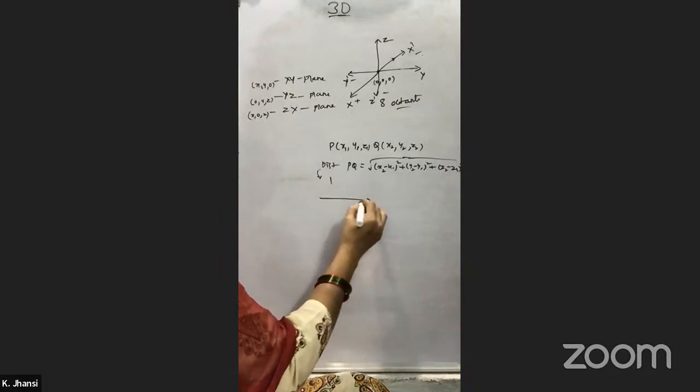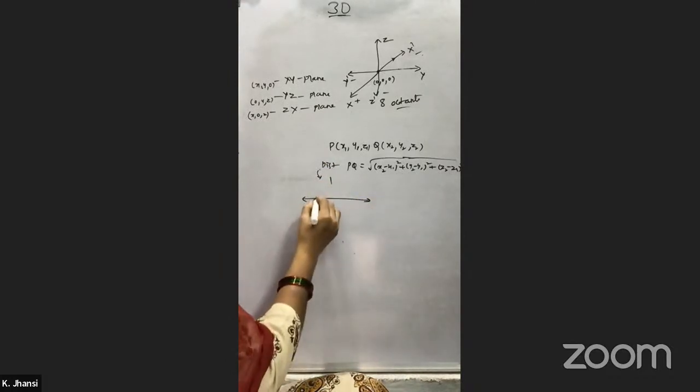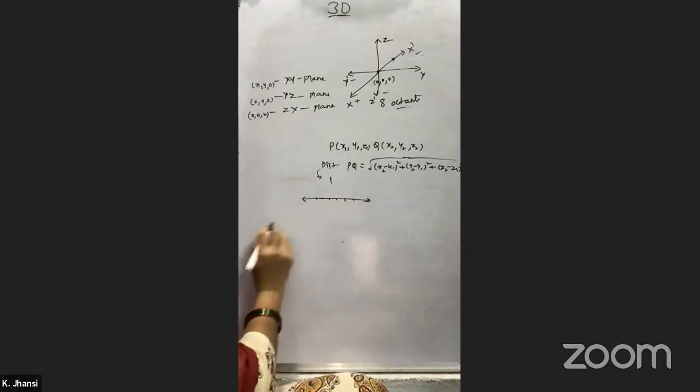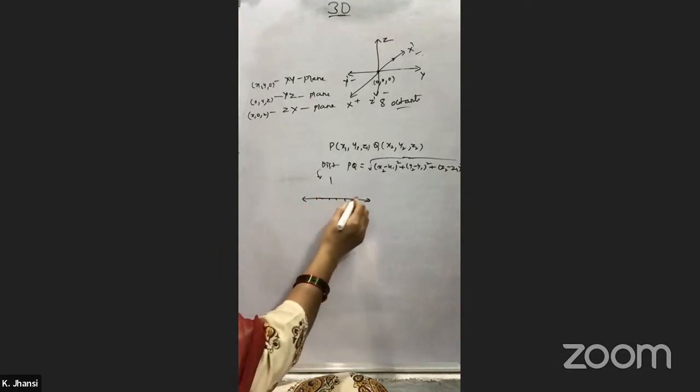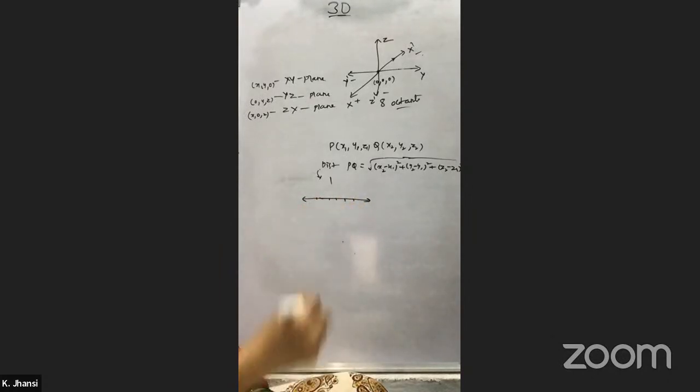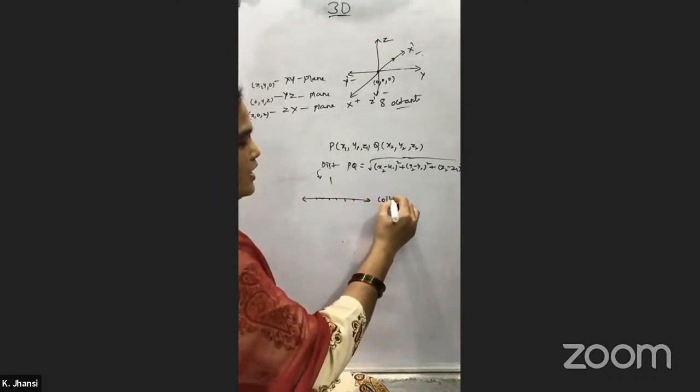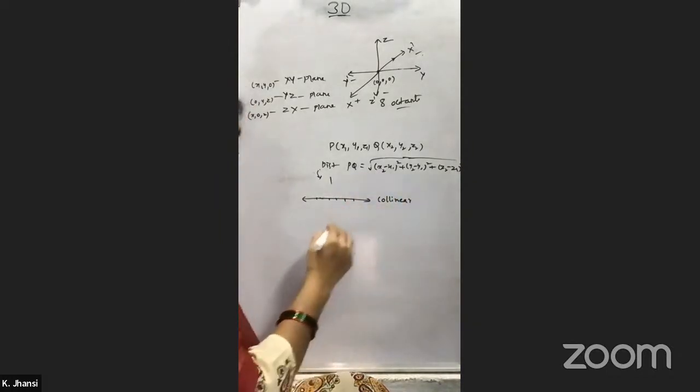If three or more points lie on the same line, they are said to be collinear points. Whatever line it is, if you have the points on it, like this, any straight line, with more than three points, if they lie on the same line, then such points are called collinear points.